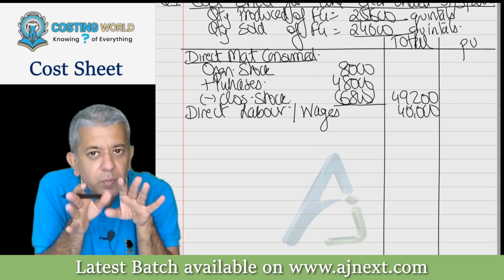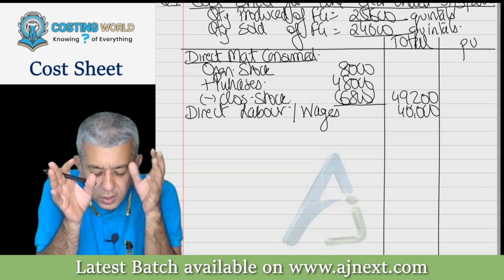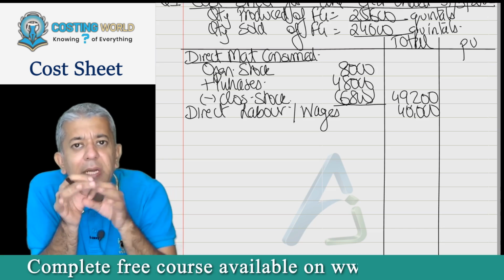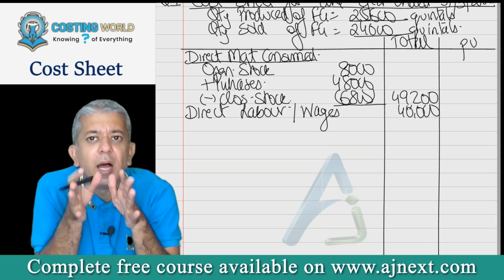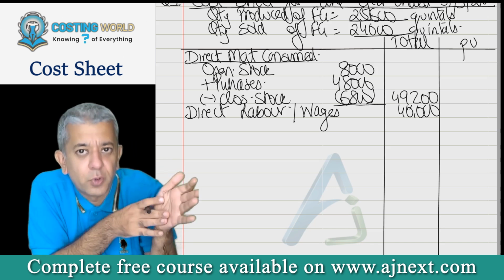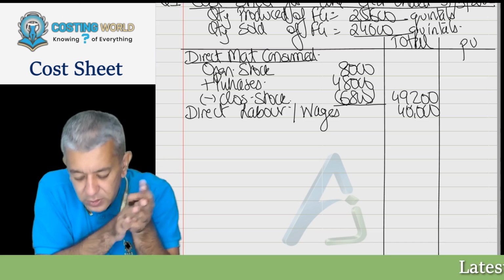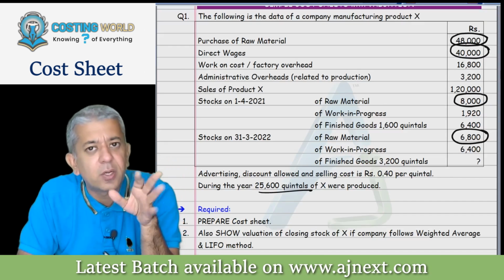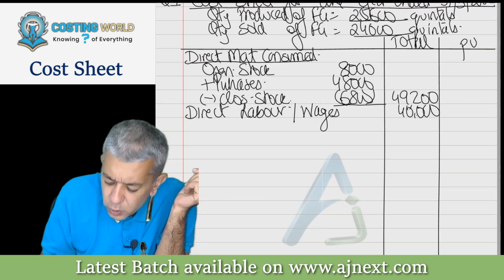Sorry, direct expenses. Yesterday I told you nothing should be deemed to be a direct expense unless and until it is told in the problem that it is a direct expense. So forget it. In this question, there is no head like direct expense. Let's go over to the next thing.